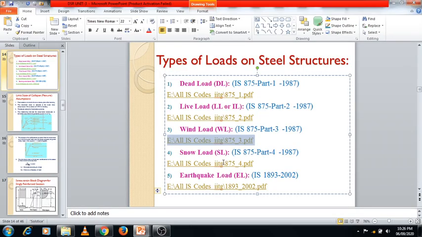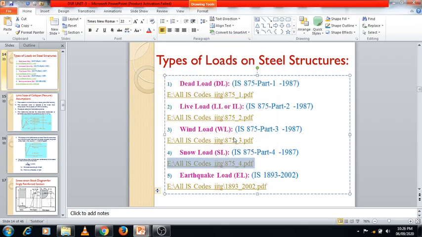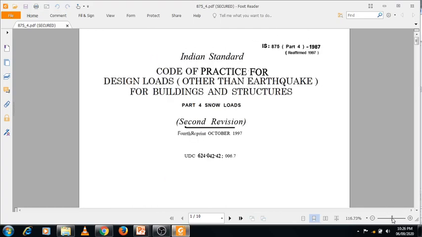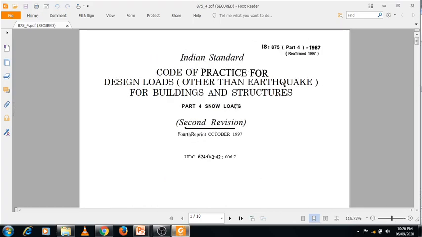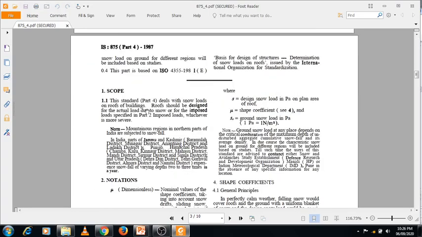Okay, next is snow load. For that purpose we are referring to IS 875 Part 4, 1987. So let us see this IS code. Here we can see this IS code for snow load. What is the scope of this IS code? This standard deals with the snow load on roofs of buildings.